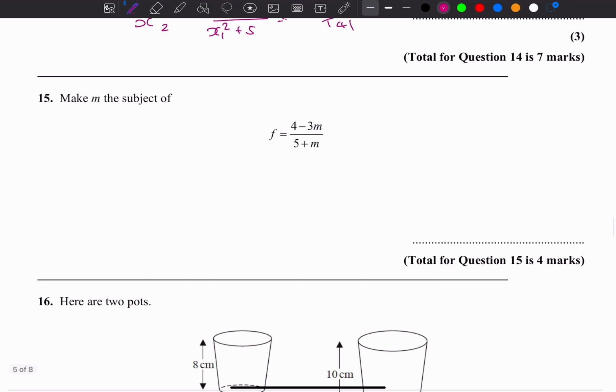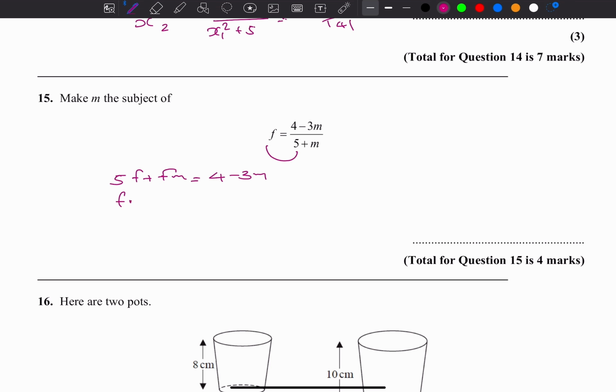Next one. Multiply it here. 5f plus 5m equals 4 minus 3m. Make m the subject, so keep the 5m here. Sorry, no. Multiply it. 5f plus fm equals 4 minus 3m.